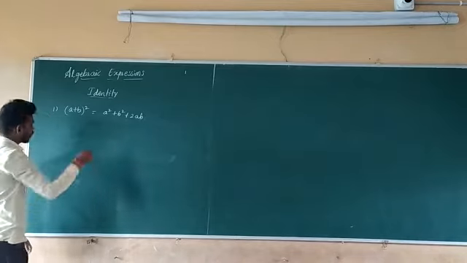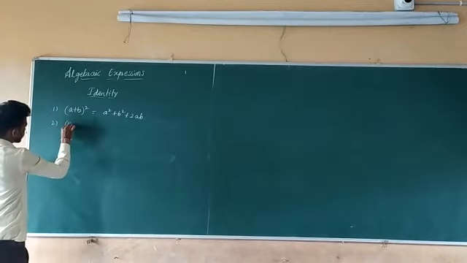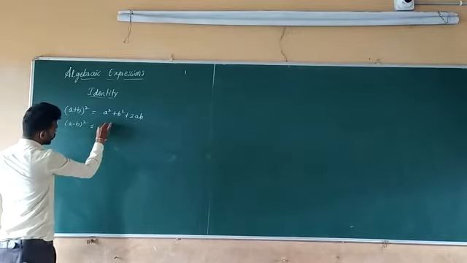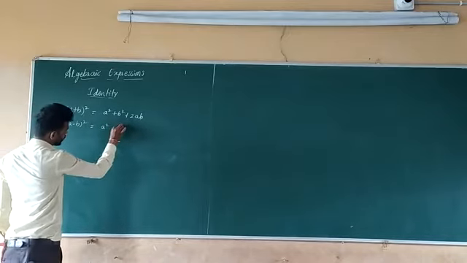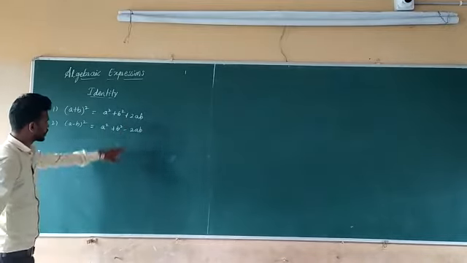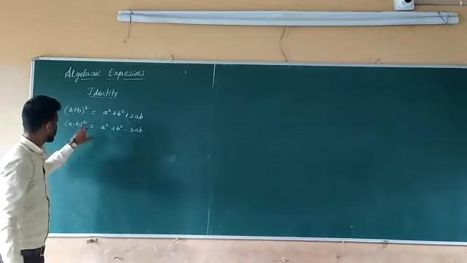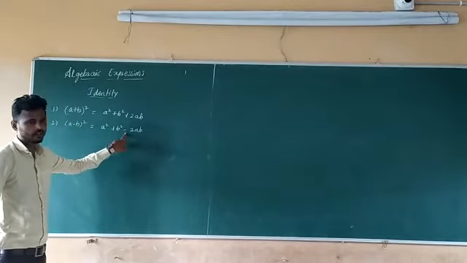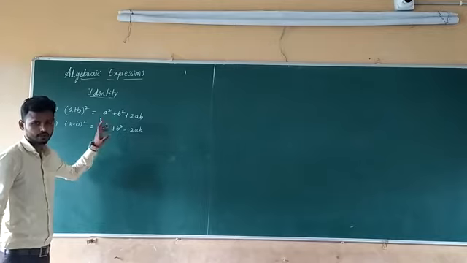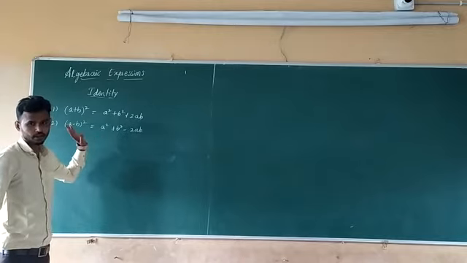These are standard identities. The second one is (a - b) whole square equals a square plus b square minus 2ab. The difference is here plus and here minus. If minus is there, we get minus, not both negative, only minus 2ab. Here a square plus b square is the same as the first one.